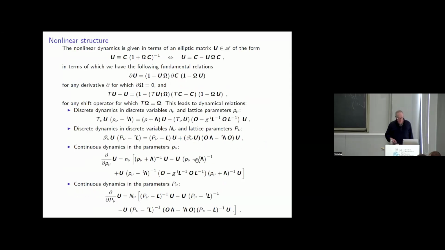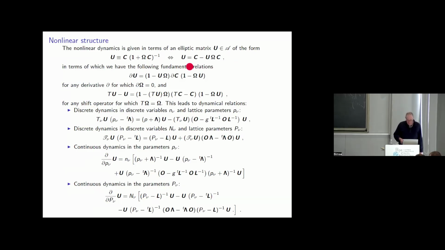Once you have all of this, then you can introduce the variables that obey the nonlinear dynamics, and they are introduced through this formula. The capital U is again an infinite matrix that is constructed out of these linear quantities in this way, or in other words, in terms of this relation.